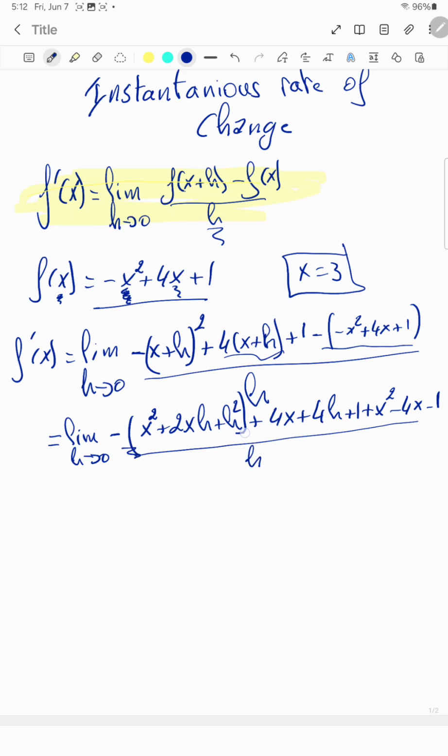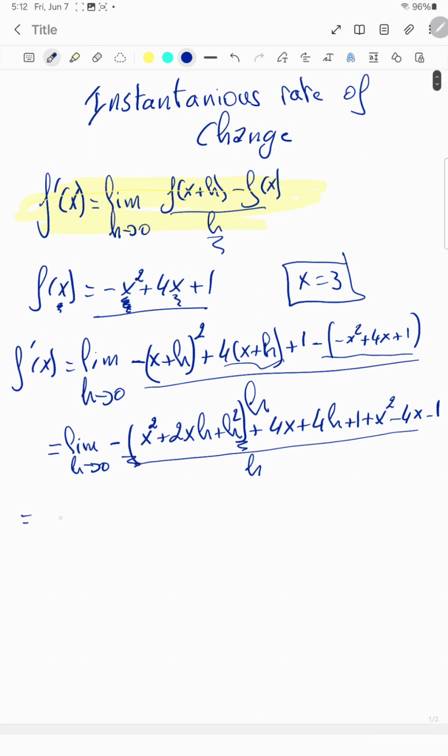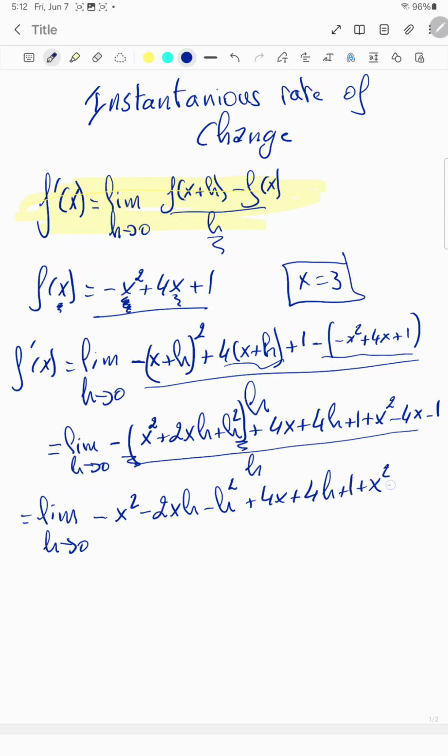Now let's develop this parenthesis here. It's equal to the limit when h goes to 0 of minus x squared minus 2xh minus h squared plus 4x plus 4h plus 1 plus x squared minus 4x minus 1, and all that divided by h. And now let's simplify the terms that resemble each other.